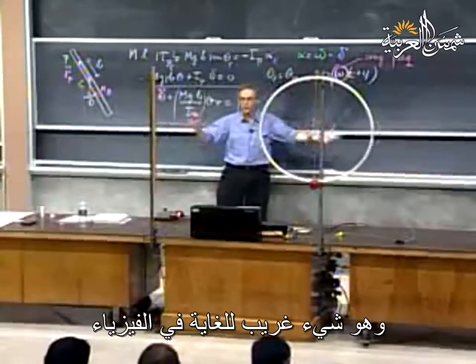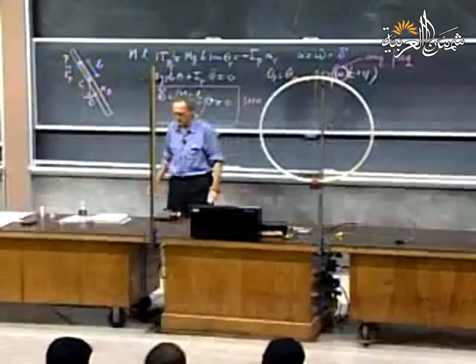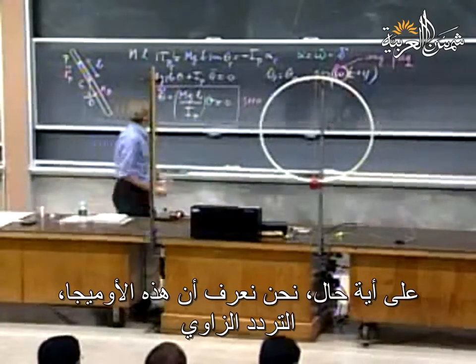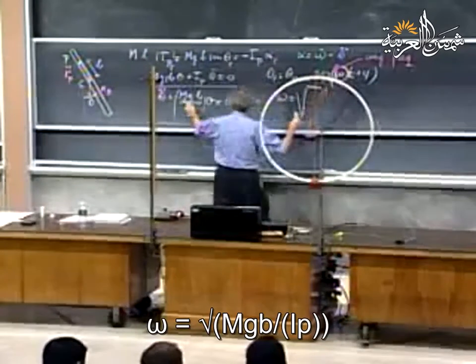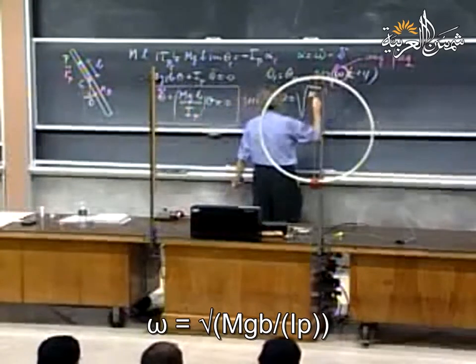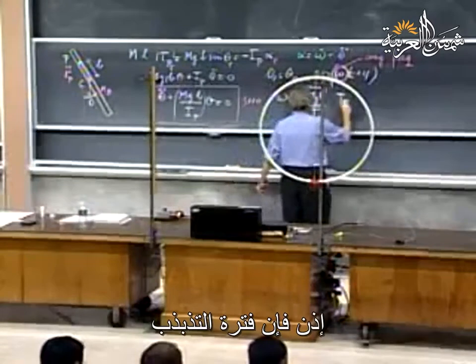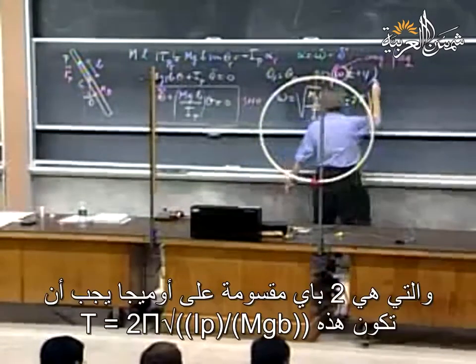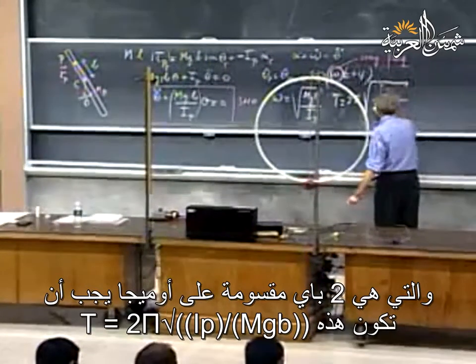And it is very awkward in physics that we use the same symbol in one problem and have totally different meanings. In any case, we know that this omega, the angular frequency, equals the square root of mgb divided by I of P. And so the period of an oscillation, which is 2 pi divided by omega, has to be this.